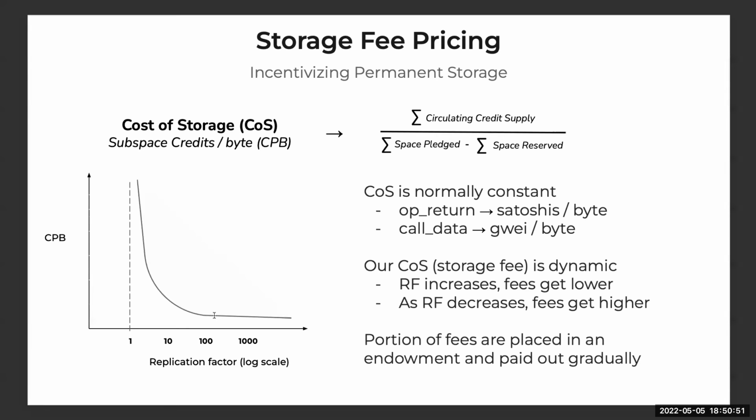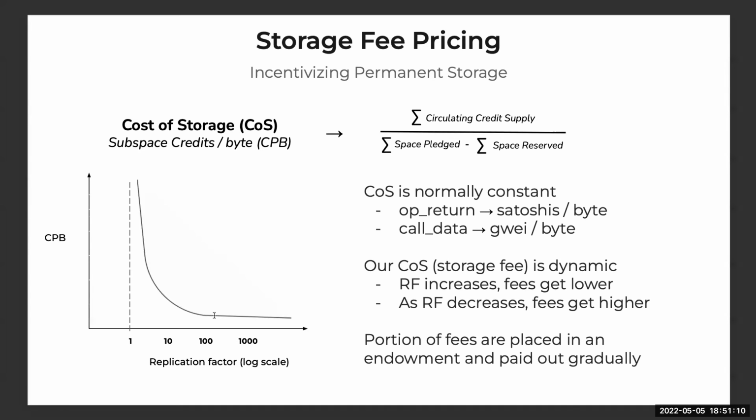And the solution to this is to have a dynamic cost of storage. In Ethereum speak, that would be like a dynamic cost of call data, or in Bitcoin, a dynamic cost of OP_RETURN: what is the cost per byte of putting data on the chain. In pretty much all other blockchains, this is constant.